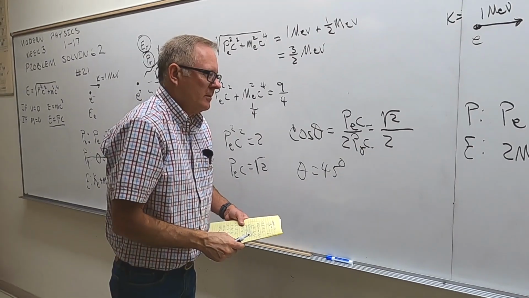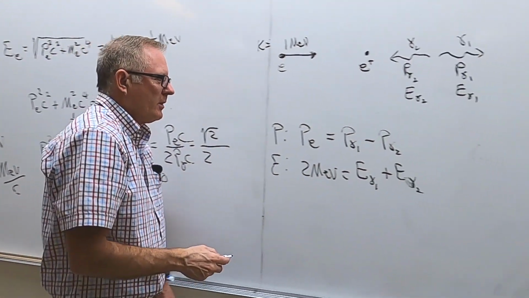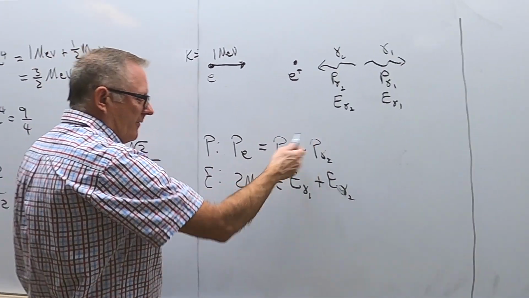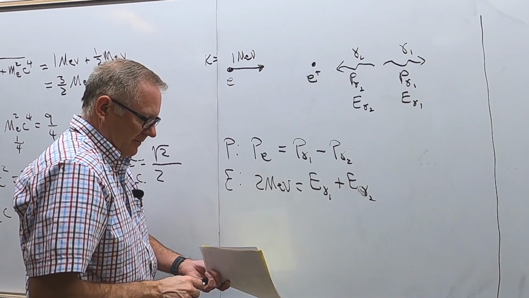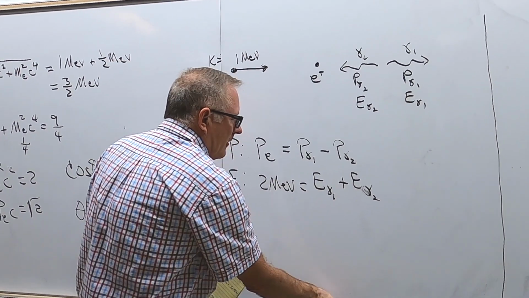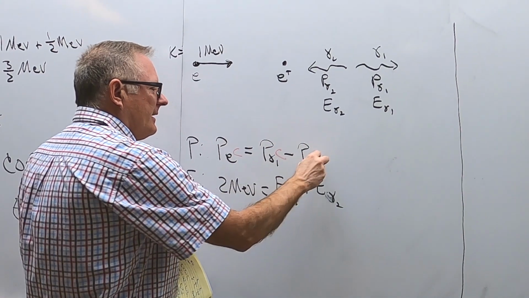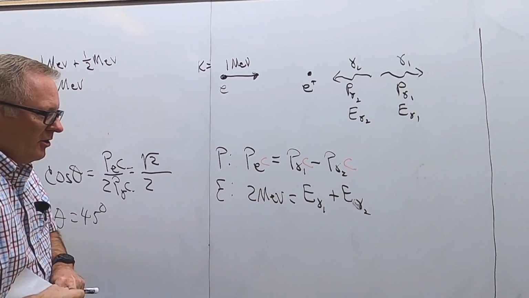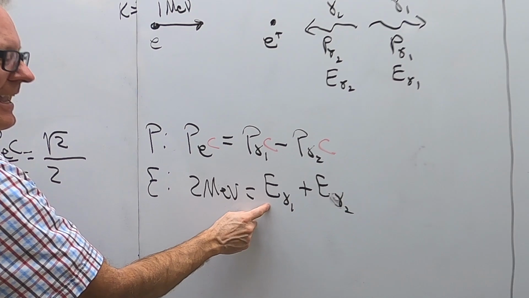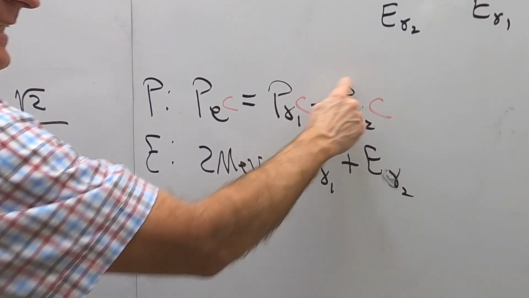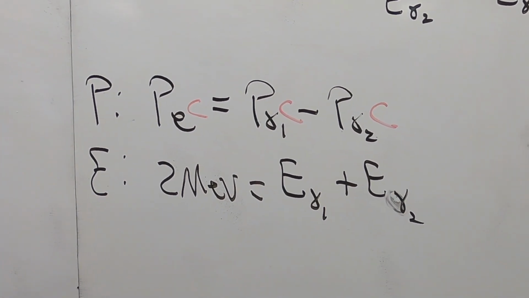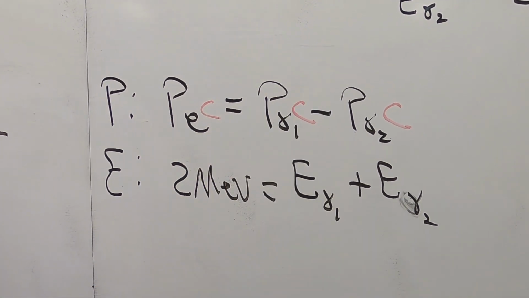Okay, now let's multiply everything in this equation by c for a minute. If I multiply this by c, you'll notice this is E gamma 1, and this is E gamma 2, because we said for a photon, E is just pc.